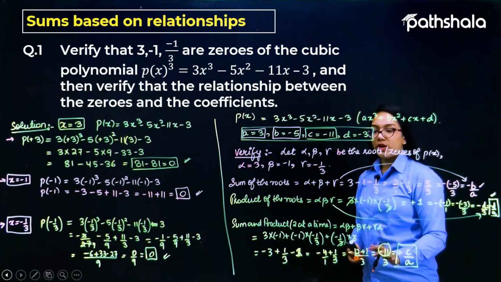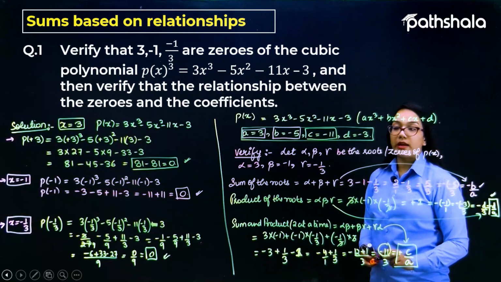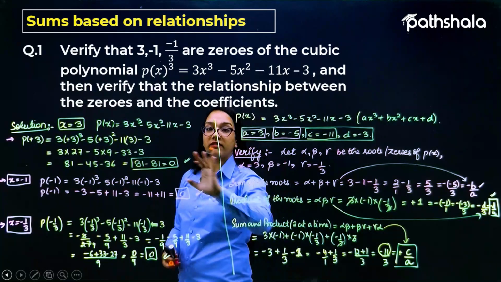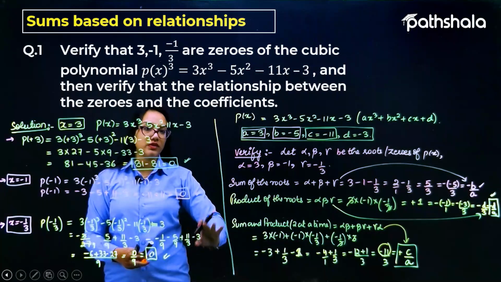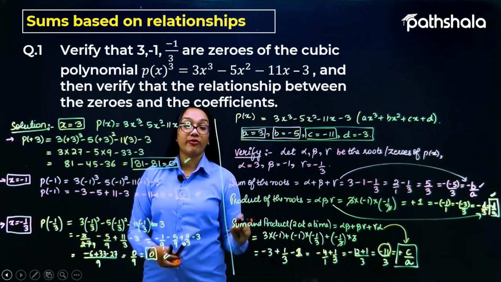So at the end, what we are getting is alpha beta plus beta gamma plus gamma alpha is equal to c by a. Hence all the relations are totally verified, and even the very first part is also verified. So this is all about the relationship between zeros and coefficients for a cubic polynomial.